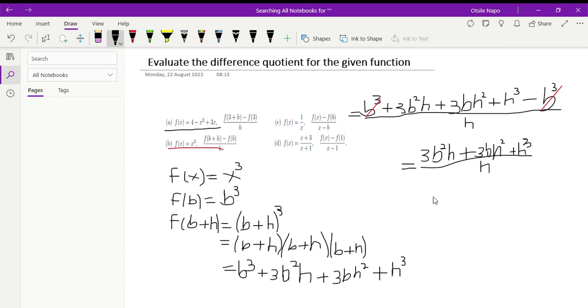Let's find the common factor, which is h. So we are going to have 3b squared plus 3b h, then we will have plus h squared, since we are having h as a common factor. Close parenthesis, which we are dividing by h.